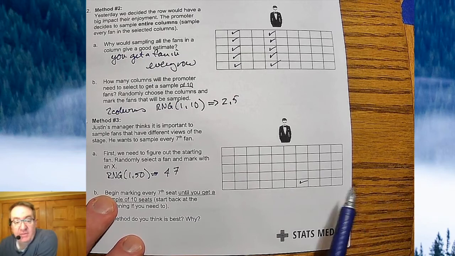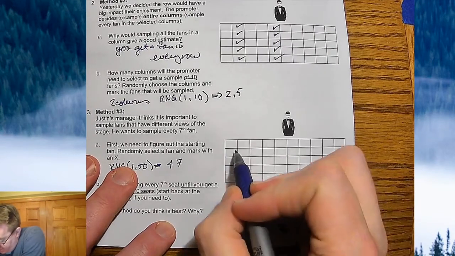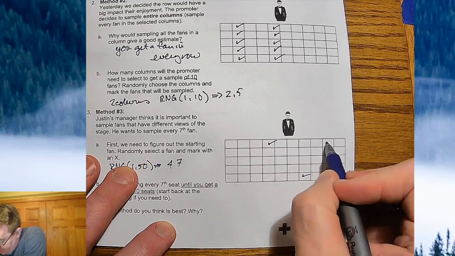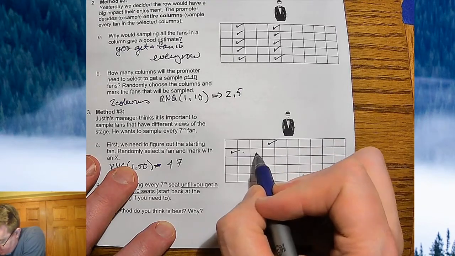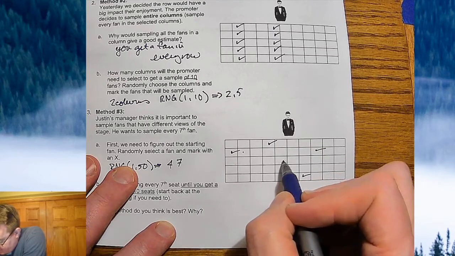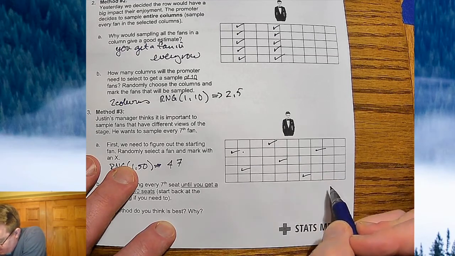Then after that, you count the next seventh person, and you keep going around the list until you get to your 10. So 1, 2, 3, 4, 5, 6, 7. And again, counting every 7th, going around. I'm up to 6.